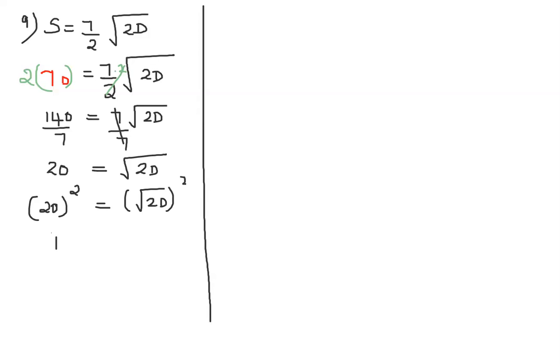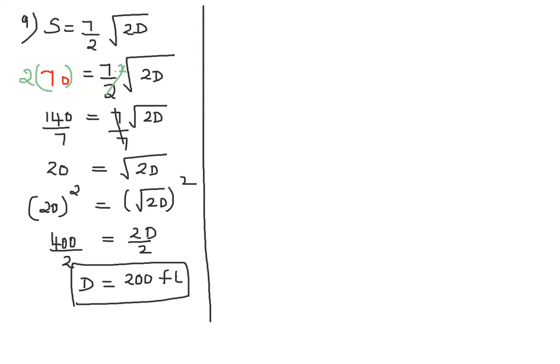So we get 400 equals 2d, divided by 2, so we get d equals 200. This is the distance. It's given in terms of feet, so the distance is 200 feet.